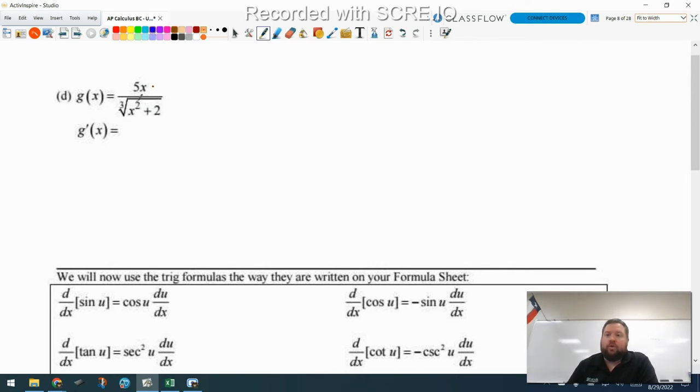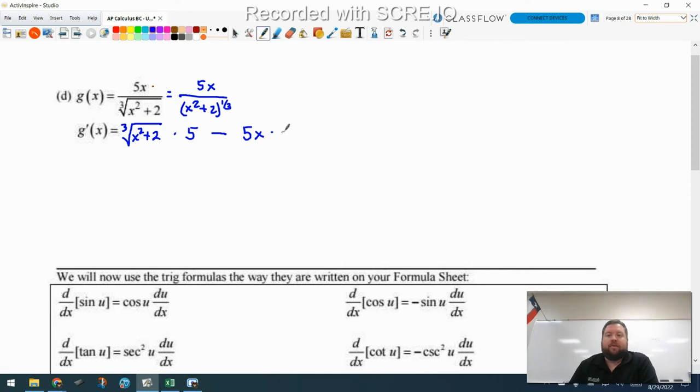Okay, so low d high. So low is the cube root of x squared plus 2 multiplied by the derivative of the numerator, which is 5, minus high d low. So high is 5x multiplied by, okay, one thing that might be useful is to rewrite this as x squared plus 2 to the 1/3 power.